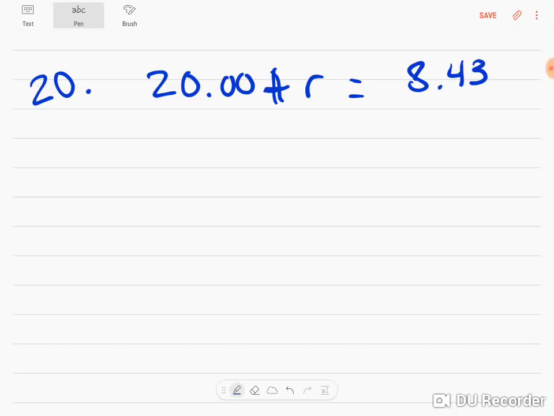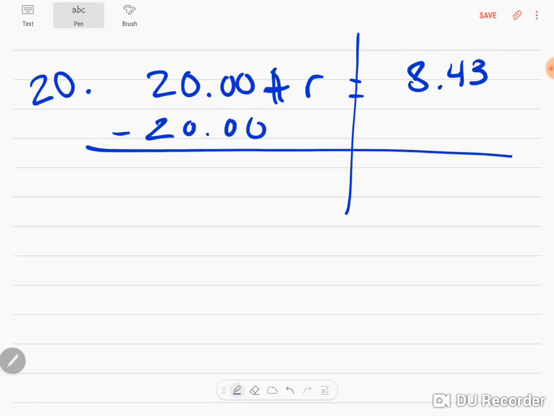What I'm going to do is I got to do the inverse operation. The inverse operation of a positive 20 is a negative 20. And anything that I do to one side, I must do to the other side. So now I have r equals, you see how I brought down the r, I brought down my equal sign.